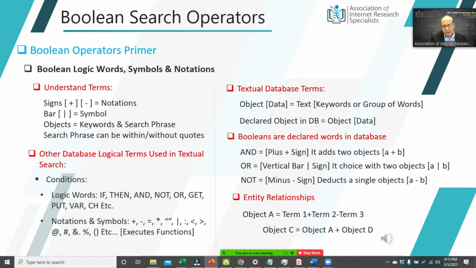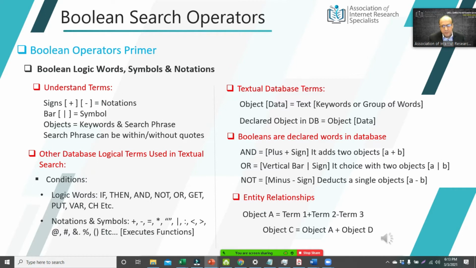So just think of these terms as a way of describing the search queries or describing a Boolean or its function. So the function of a Boolean is sometimes to parse or to identify or give a name to an object, and that object could be a text, and that text could be keywords or group of words.